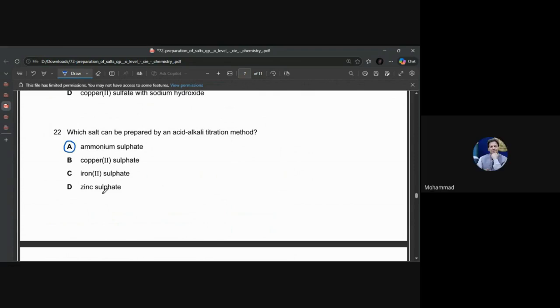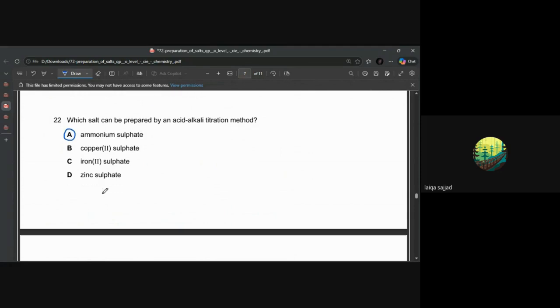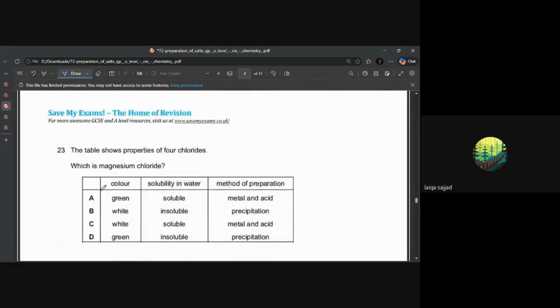It's prepared by the reaction of sulfuric acid with zinc metal or zinc oxide, which is also insoluble. But titration is used to prepare soluble salts that are formed from soluble starting materials. That's why options B, C, and D are not correct.